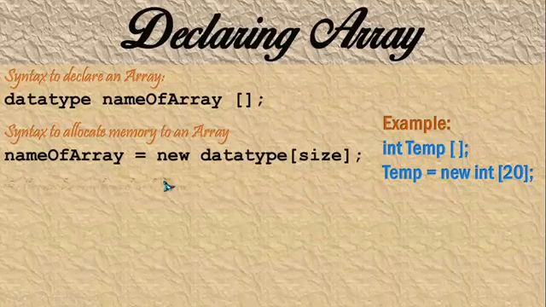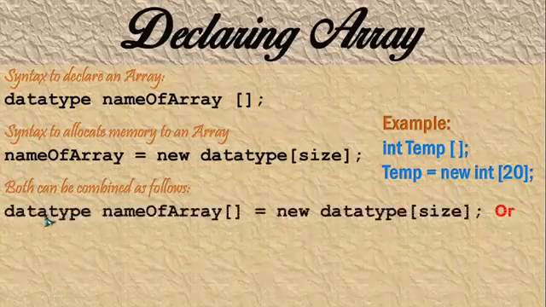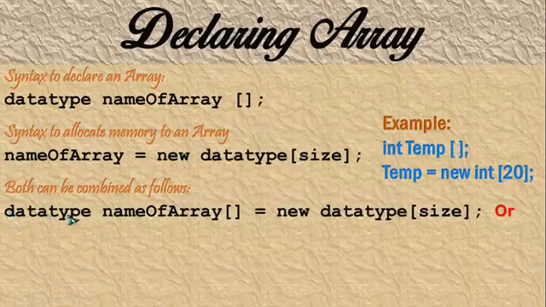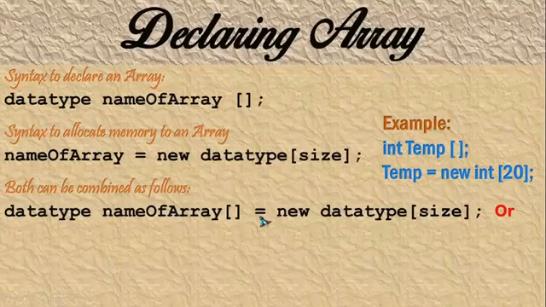These two steps can be combined in a single statement, like this. That is data type, space, name of the array, then open the square bracket, close the square bracket, is equal to new data type, again the size.